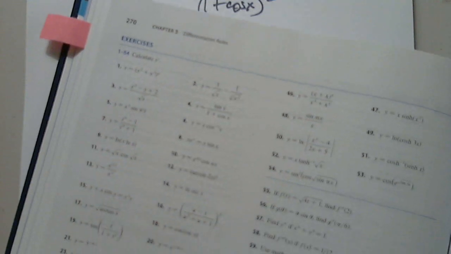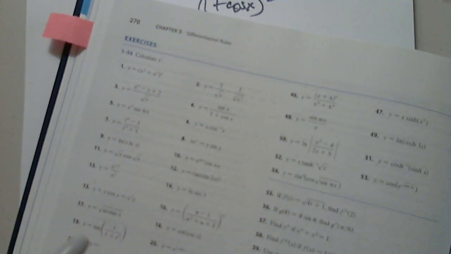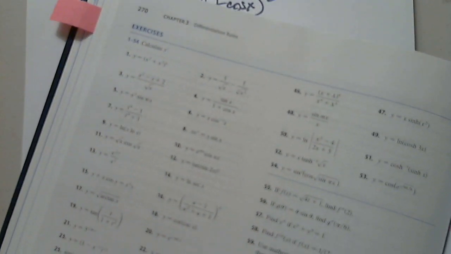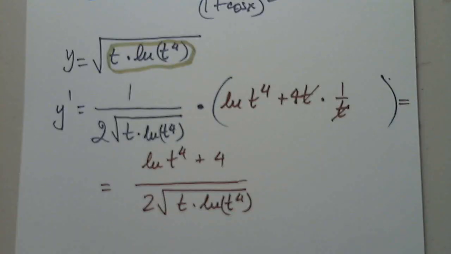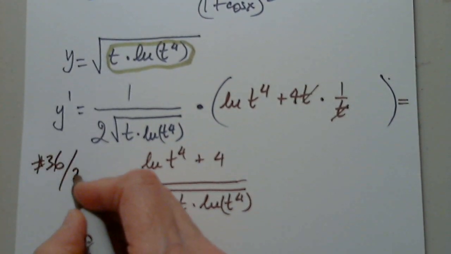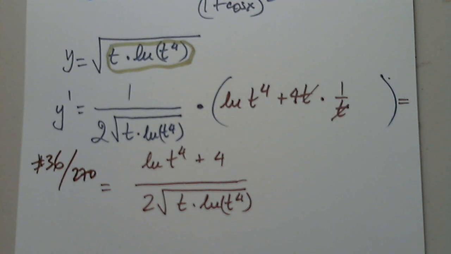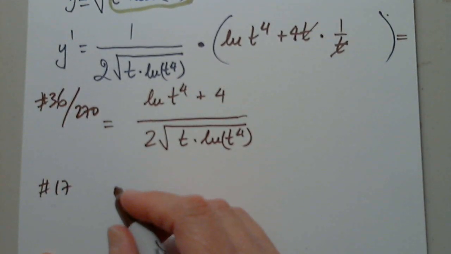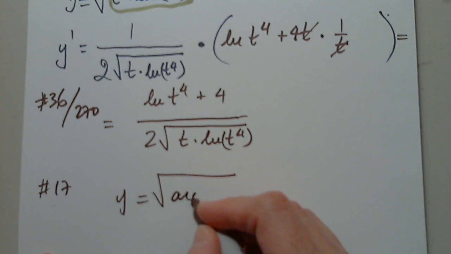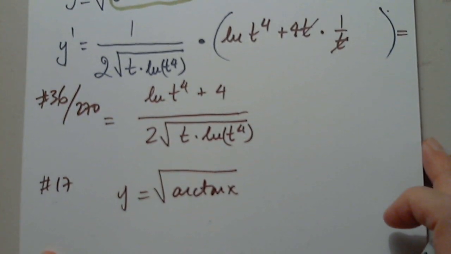It's problem 36 on page 270. I don't know if I can find another, but for example, 17 may look similar. In 17, we have y equals the square root of arctangent x.